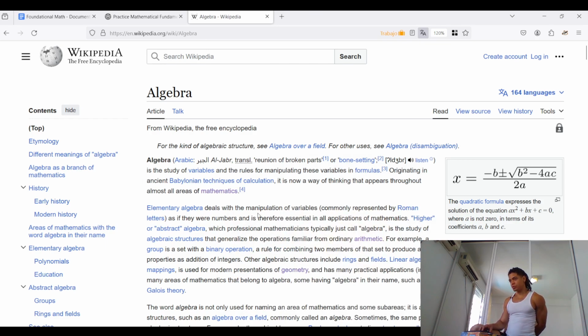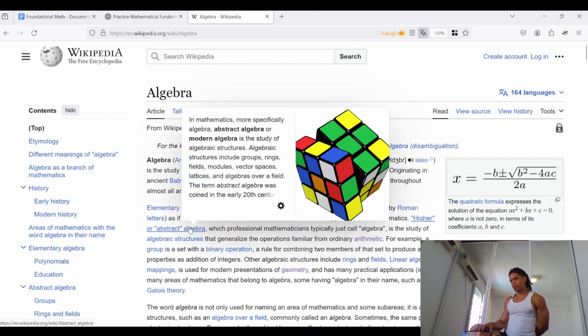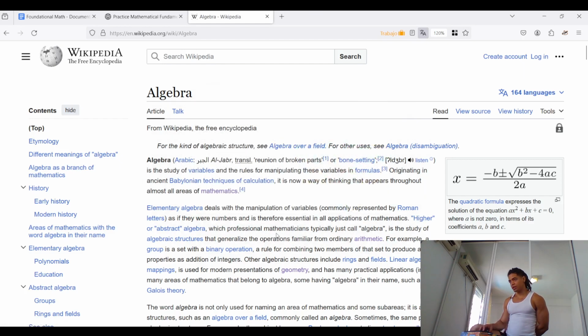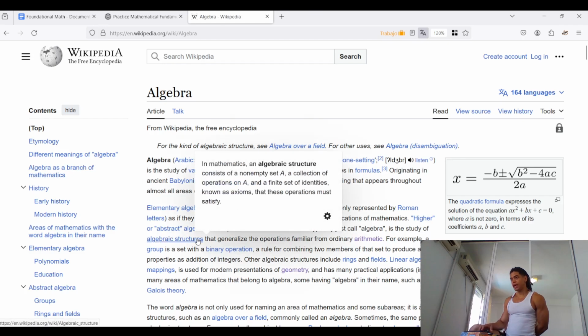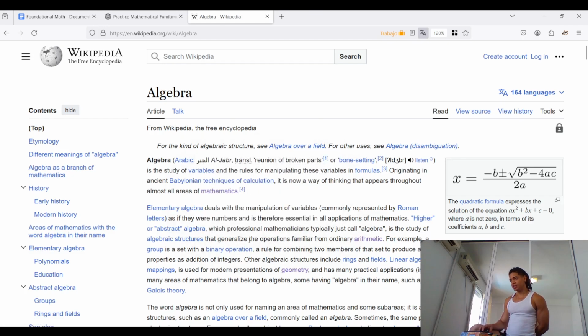Elementary algebra deals with the manipulation of variables, commonly represented by Roman letters, as if they were numbers, and is therefore essentially an application of mathematics. Higher or abstract algebra, which professional mathematicians typically just call algebra, is a study of algebraic structures that generalize the operations familiar from ordinary arithmetic.